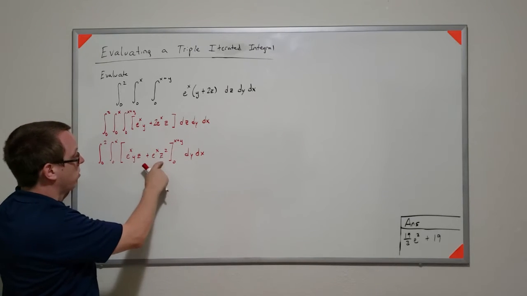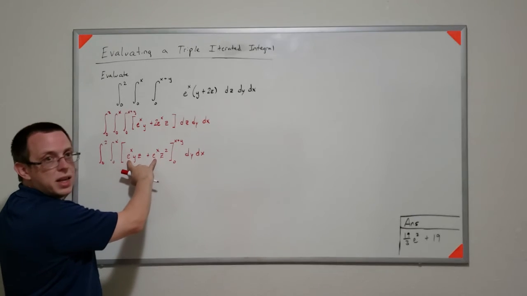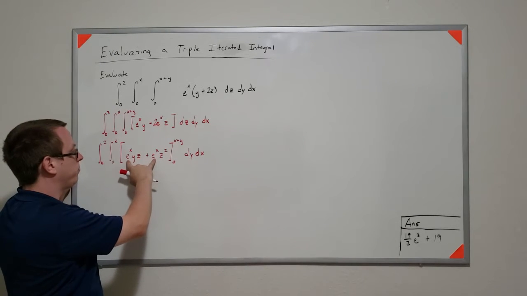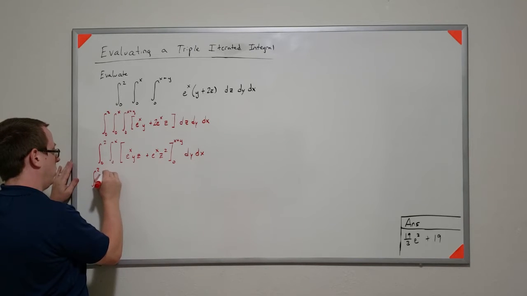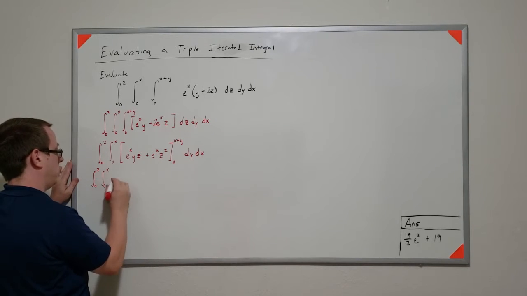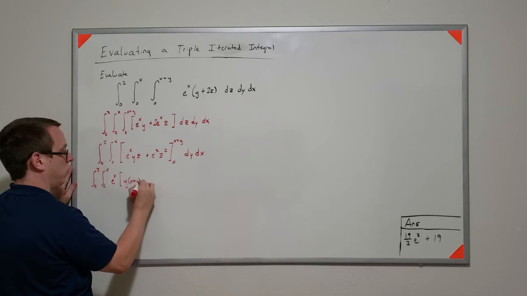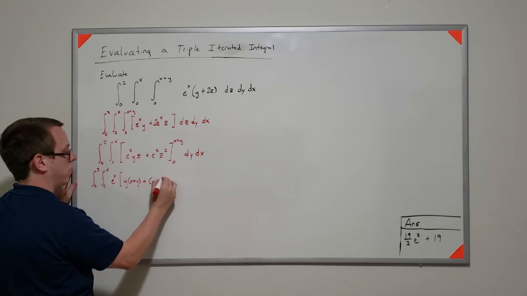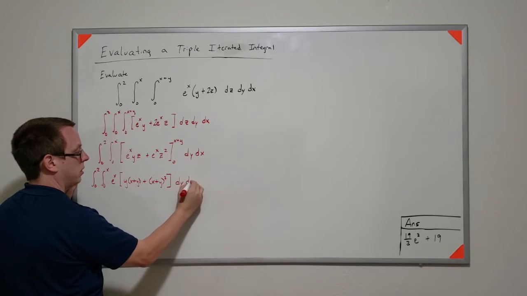So when I plug in 0, these are going to go away. And what I notice is that e to the x is common to both of them. So what I have is 0 to 2, 0 to x, e to the x, y times x plus y squared, dy dx.